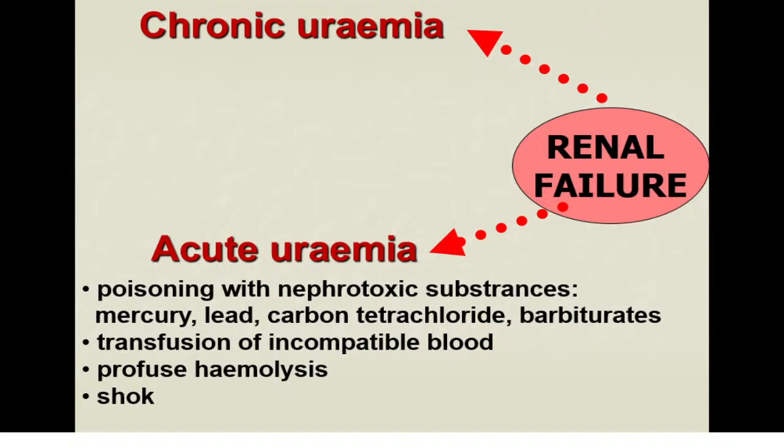and its main functional units due to poisoning with some nephrotoxic substances. It may be mercury, lead, carbon or barbiturate. It may be result of transfusion of incompatible blood because in this case erythrocytes actively destroyed due to hemolysis and obstruct renal vessels to stop its functional activity, because you understand filtration of urine is possible due to adequate blood flow and definite blood pressure.